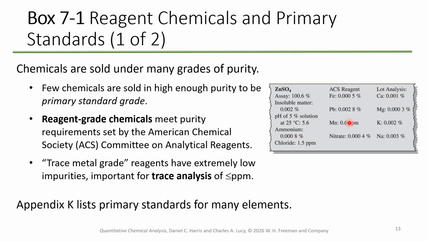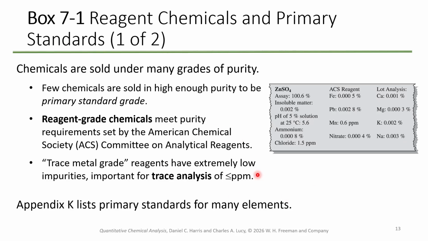This is the ACS reagent grade level of impurities. It is not the highest grade. There are two to three higher grades depending on the manufacturer, but it is usually an acceptable grade for most academic labs and most commercial labs.